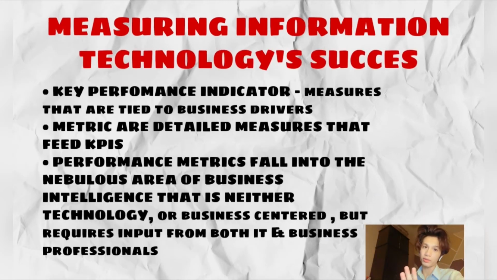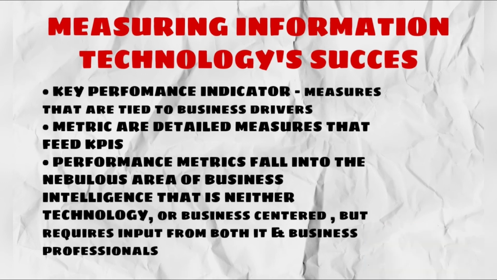So in chapter 4, we're going to learn about measuring information technology success. We have key performance indicators, which are measures that are tied to business drivers. Metrics are detailed measures that feed KPIs. Performance metrics fall into the nebulous area of business intelligence, that is neither technology nor business centered but requires input from both IT and business professionals.